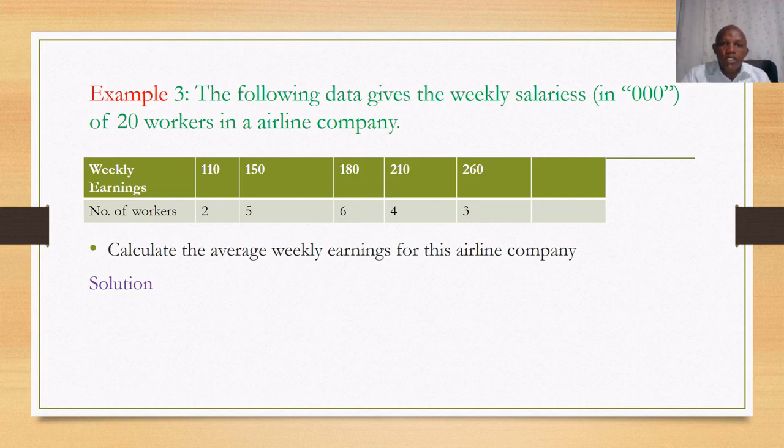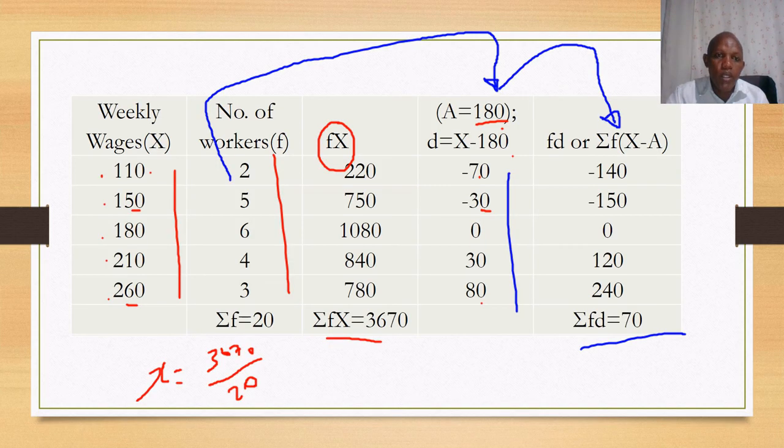But here you have got data, weekly earnings in thousands for 20 workers. It's an airline company. I want you to look at the question. How do we calculate? Again here, because it is grouped data, the values have been so expressed.